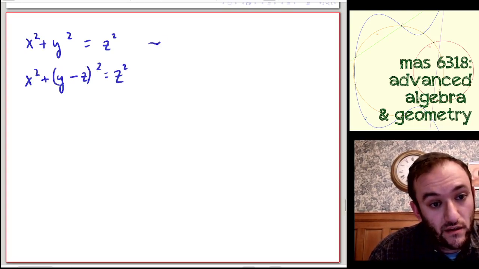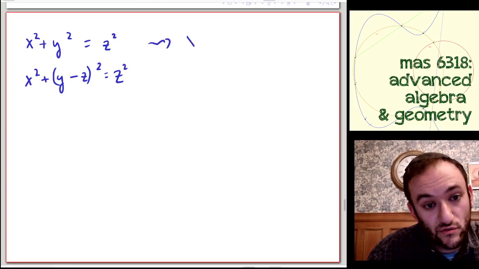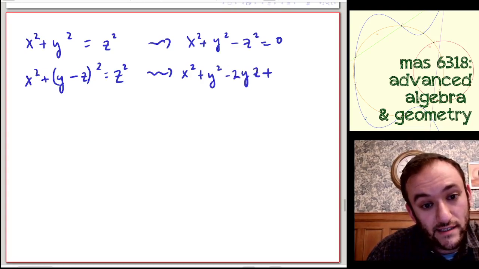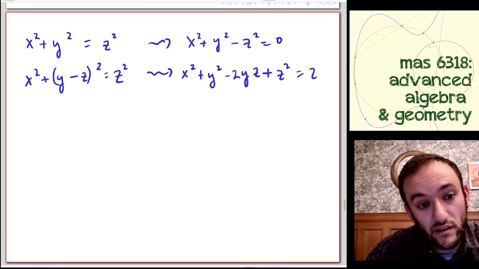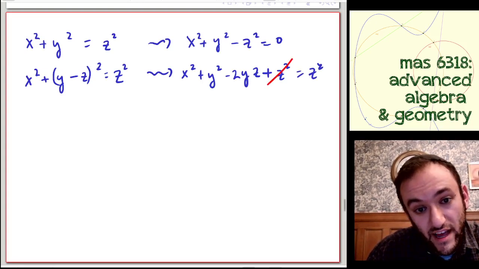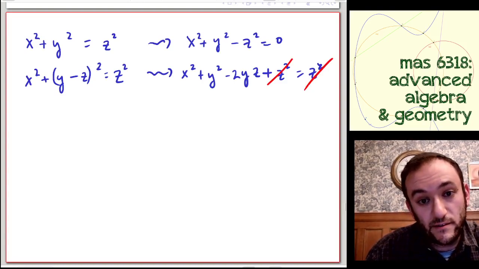Okay? So this translates to the same equation, x squared plus y squared minus z squared equals 0. And this, when we expand, gives us x squared plus y squared minus 2yz plus z squared equals z squared. And when we subtract, these 2 cancel.